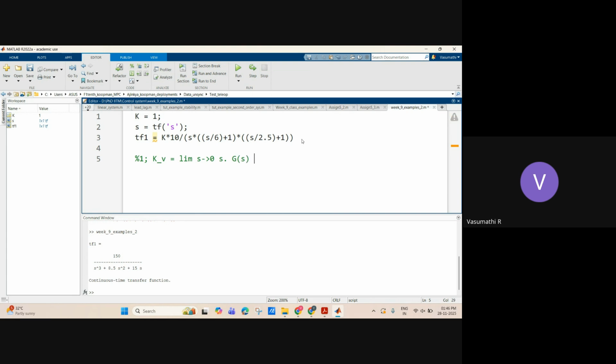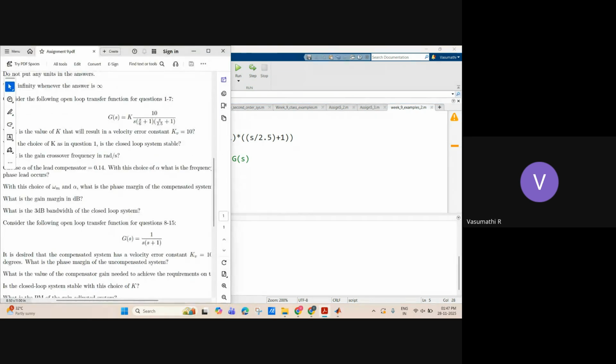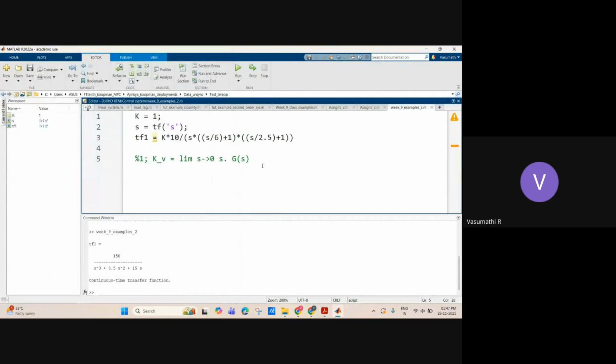Kv is 10, as given in the question. So it will be 10 equal to limit s tends to 0 of s into the whole transfer function.